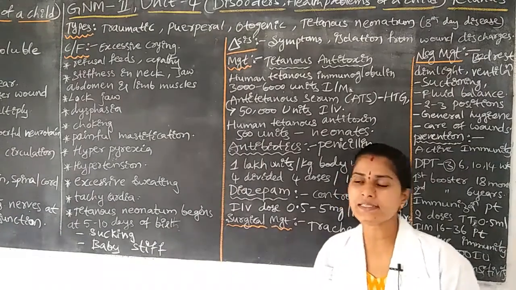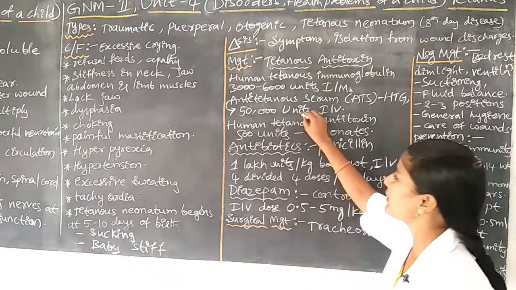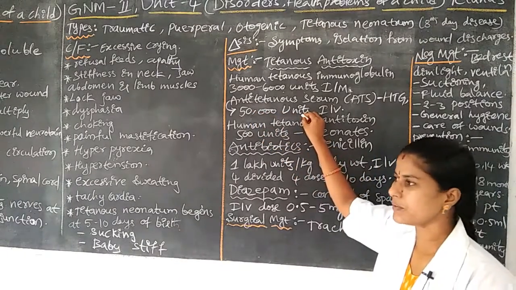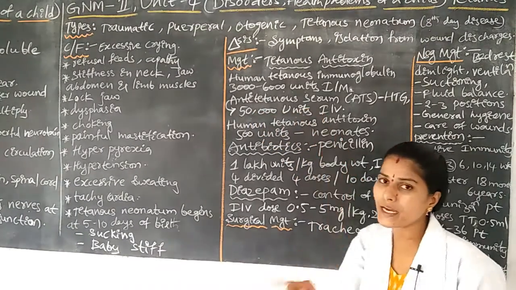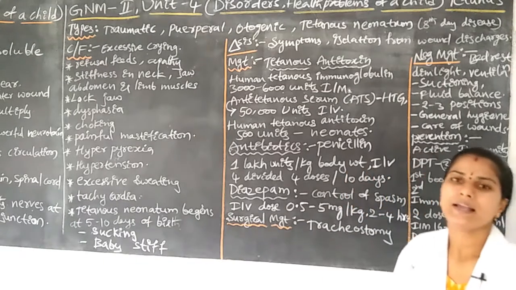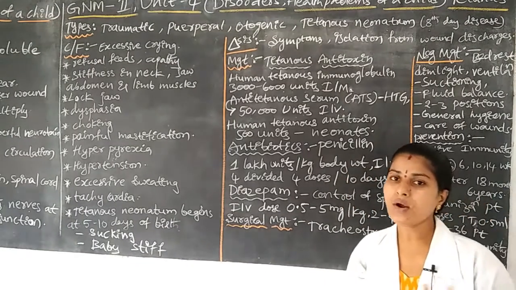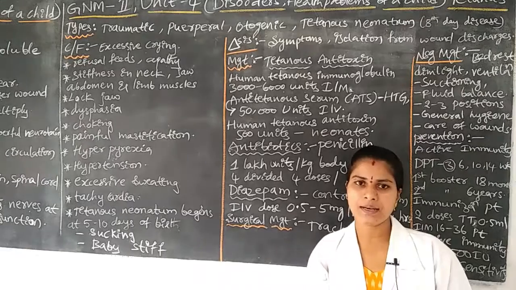The dosage is 50,000 units. The ATS should be administered only via the intravenous route.